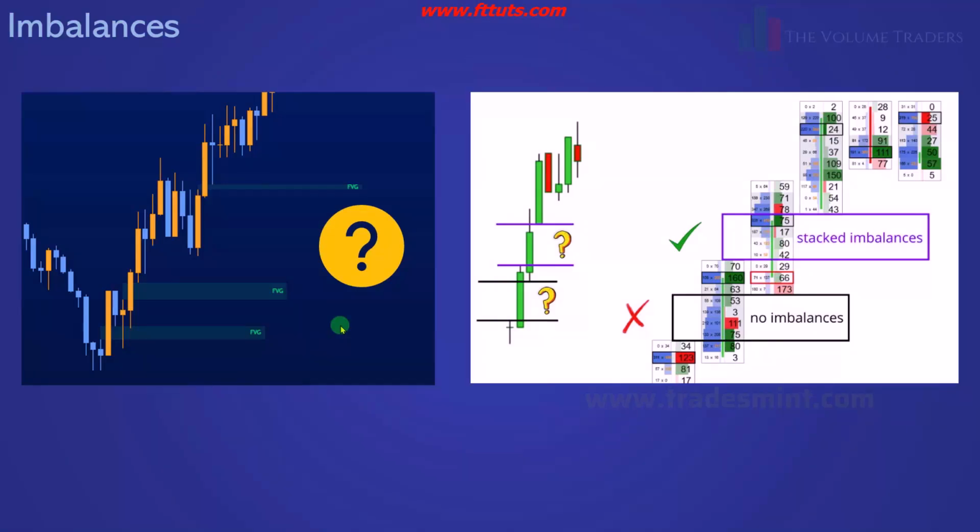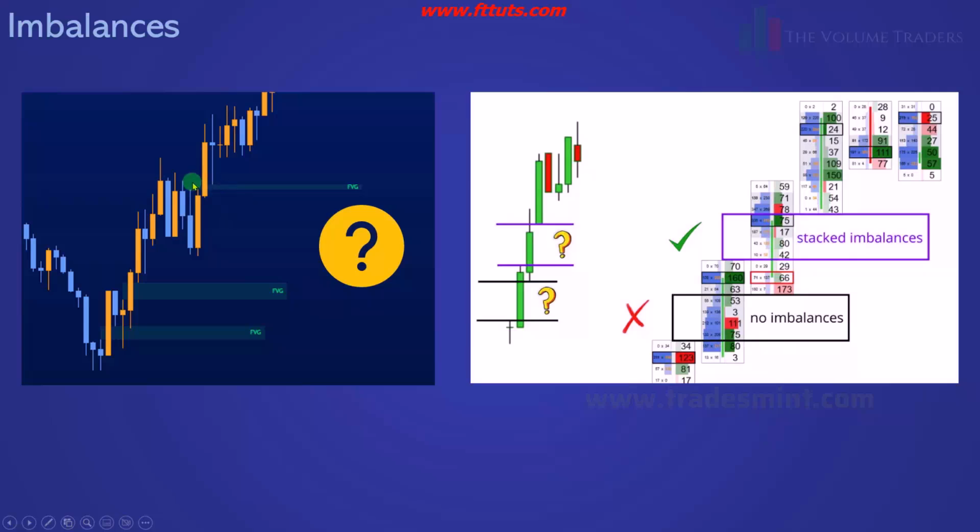So this is why I am not using this on my markups. In the past, yes, I admit this. But now, with the more knowledge I gained, I use the footprint chart to always confirm. So if I see on the normal chart, the M15, M5, M1, something that looks like a fair value gap, I always need to confirm on the footprint if there are really imbalances.